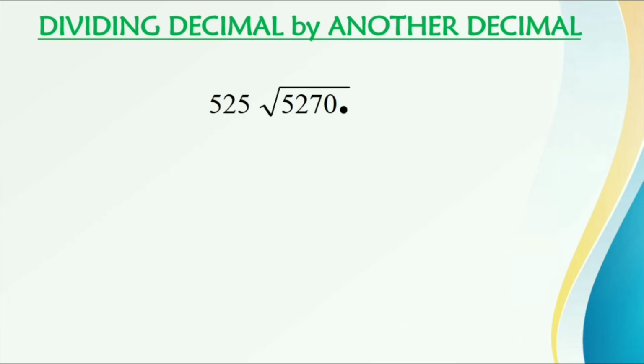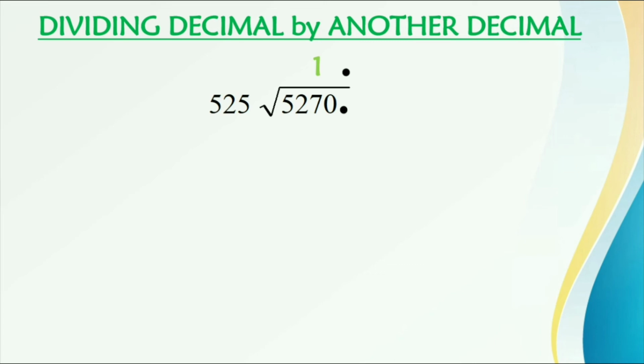Okay, so meron na tayo ngayong 5,270 divided by 525. Since whole number na yung divisor natin, we can place directly our decimal point katapat ng ating dividend. Lalagay na natin sa quotient and then we will start dividing. So, 527 divided by 525, that will give us 1.